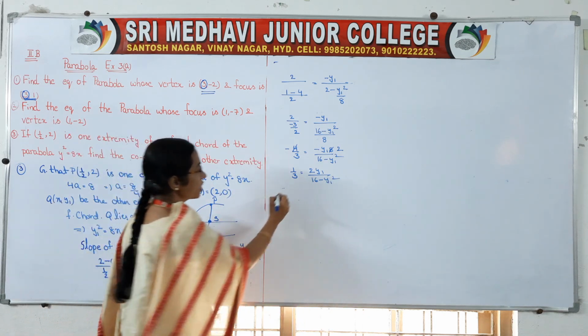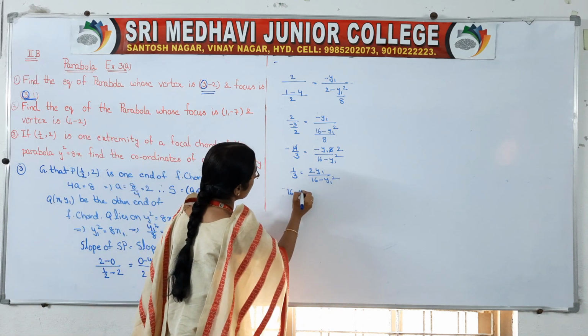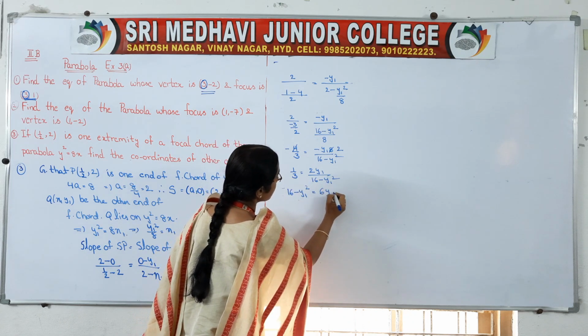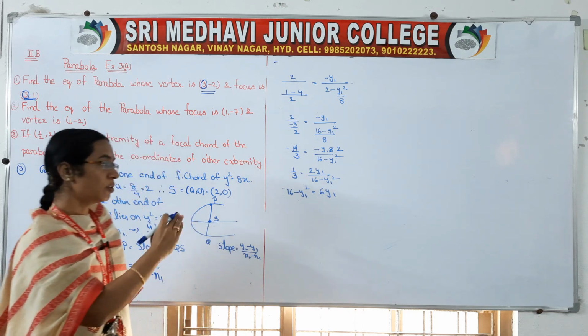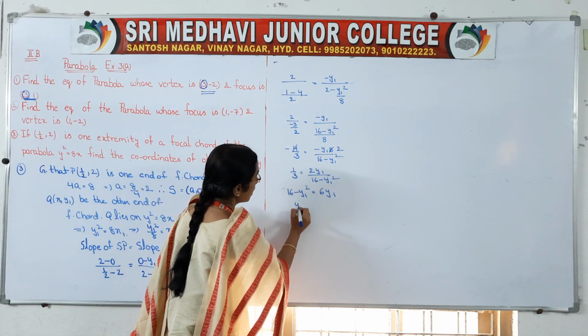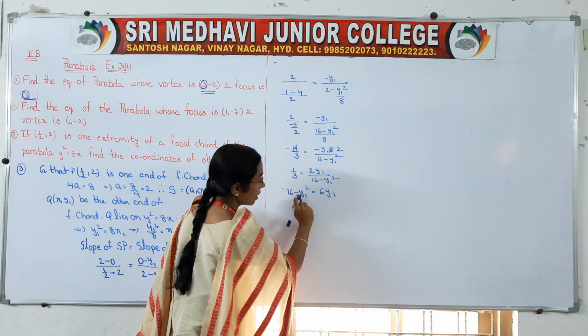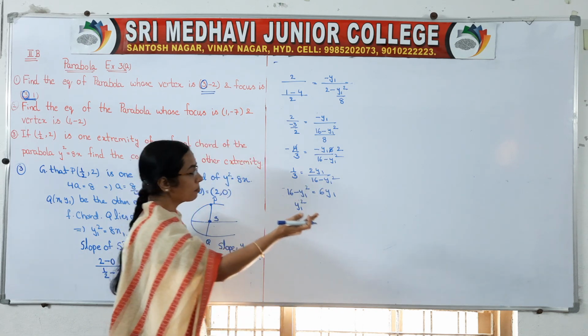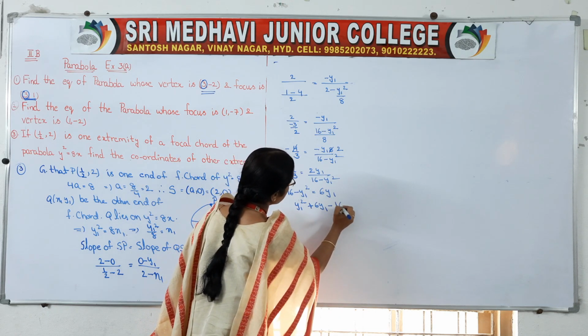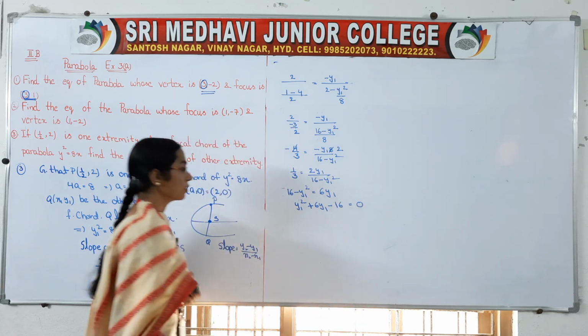Cross multiplication: 16 minus y1 square is equal to 3 2s are 6y1. So try to write all terms on one side. This is negative, send it to that side, it becomes positive: y1 square plus 6y1 minus 16 is equal to 0.